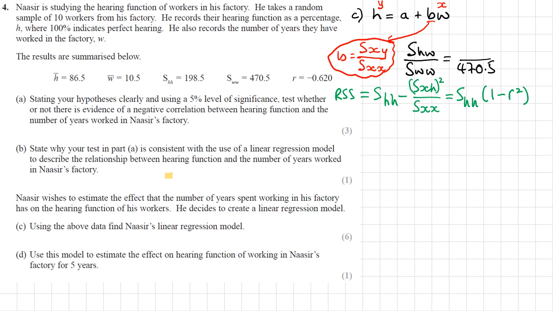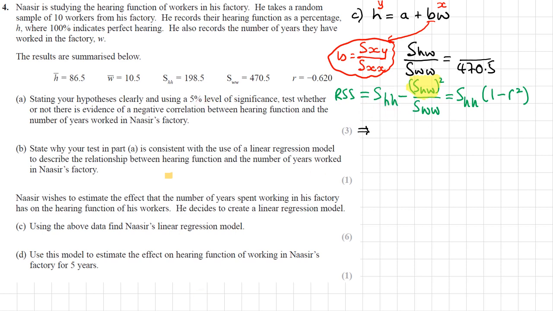And then for those x's, I'll put w's there, like this. So this is how I'm going to use the formula. Now the bit I want to find is the Shw part here. All the other bits I know, so I can just substitute those in and then rearrange. So let's do that now.